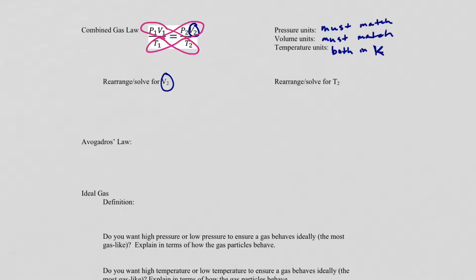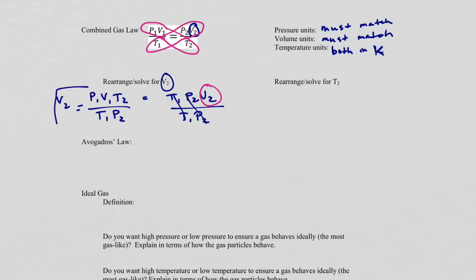So when you do that, you're going to see that the equation is P1 times V1 times T2 equals T1 P2 V2. Remember, we're solving for V2, so we need to divide both sides by whatever is being multiplied by V2. And what you do to one side of the equation, you've got to do to the other. So now we know that this is the equation rearranged for V2.